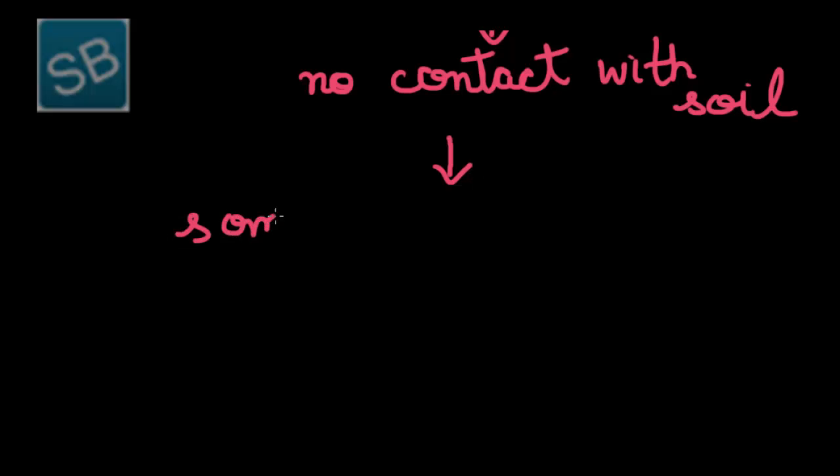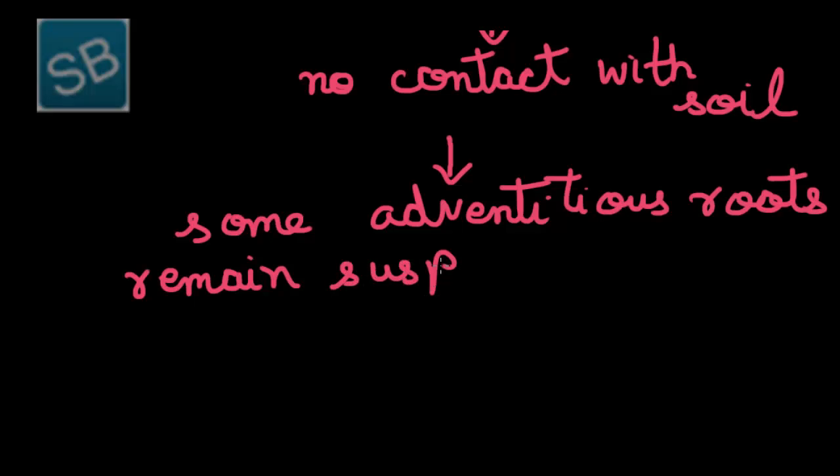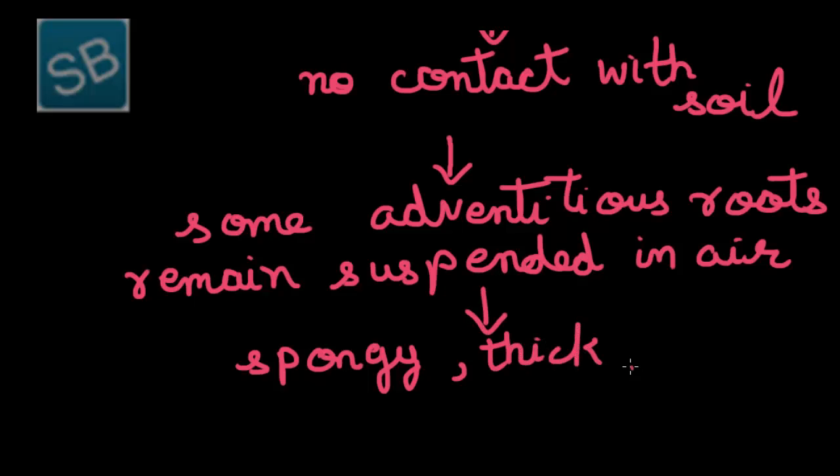They only produce some adventitious roots that remain suspended in the air. These roots are generally spongy, thick, long, and greenish.